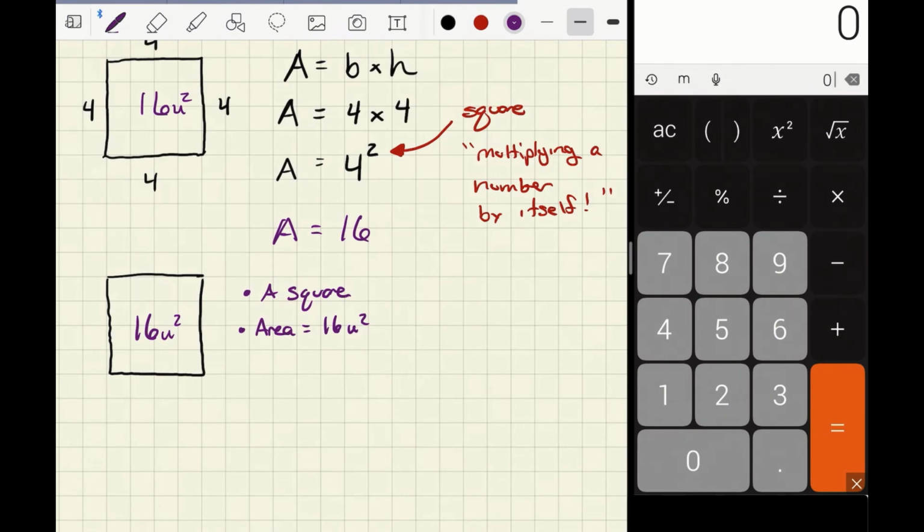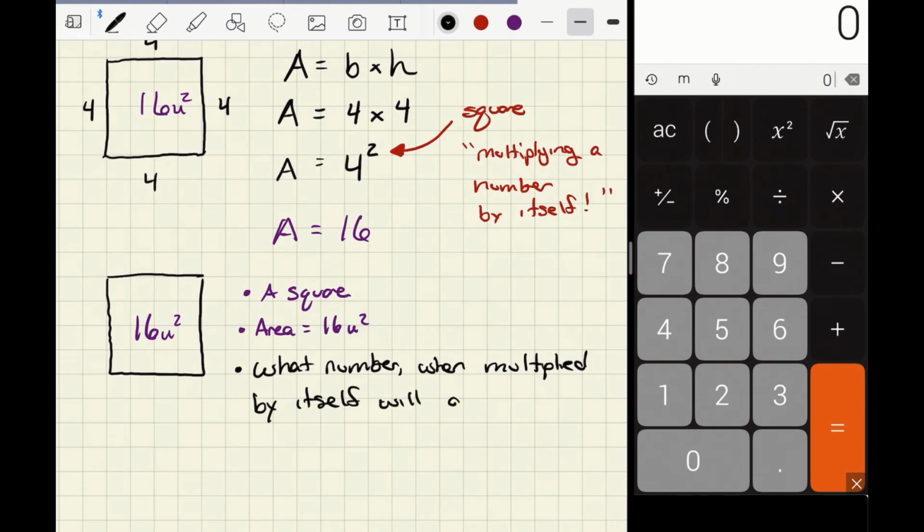And to work backwards, you need to take the square root. You need to go back and try to find what number, when multiplied by itself, will give me 16 units squared. That is the question.